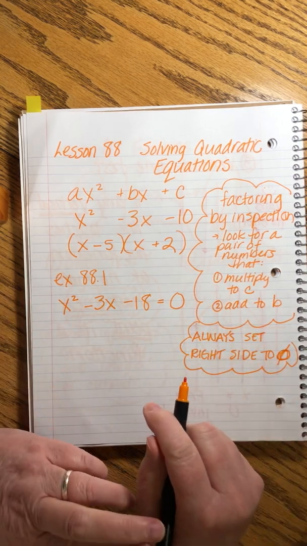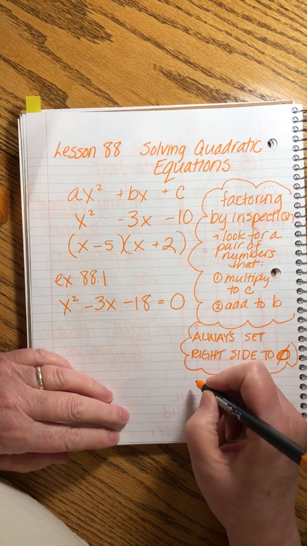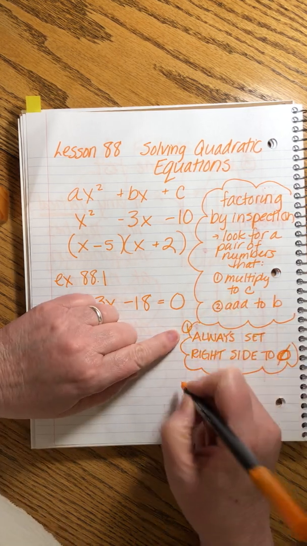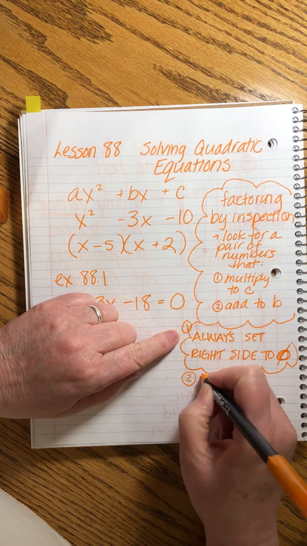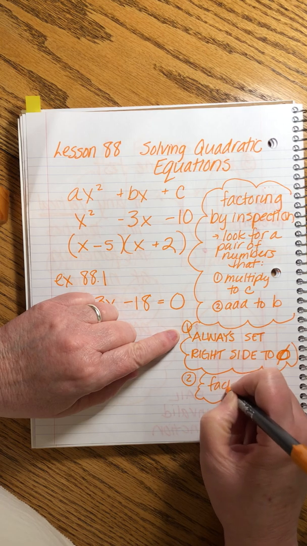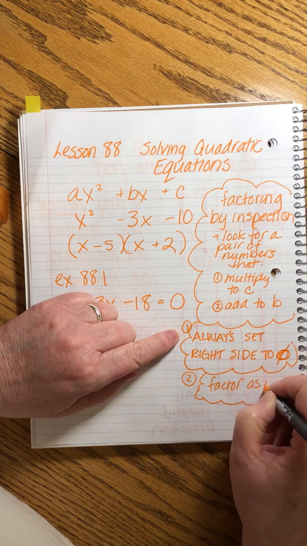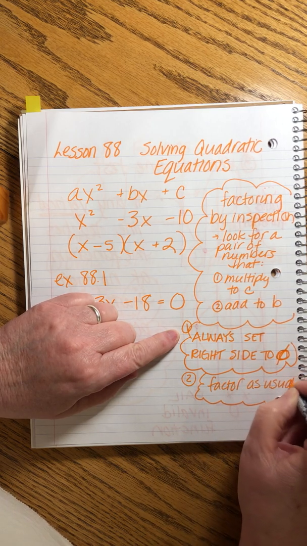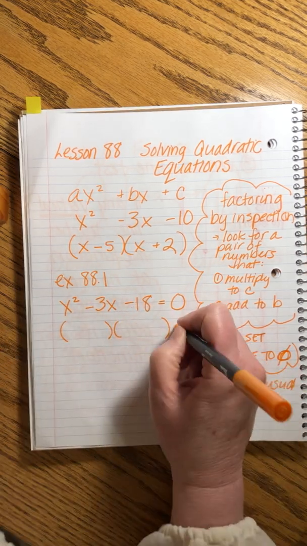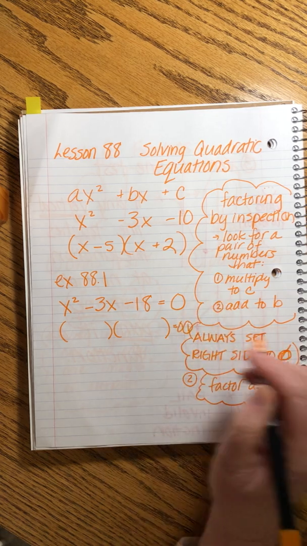Now, step number 1 in these problems is we always set the right side to 0. Step 2, factor as usual. So we do this, equals 0. We just copy that in.